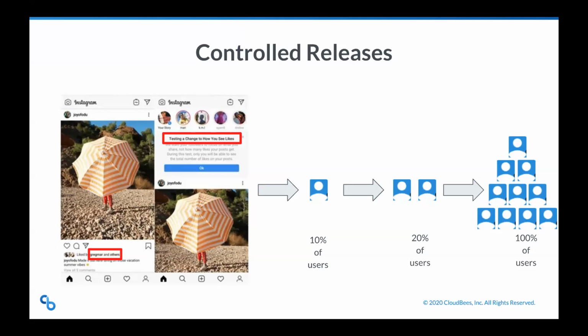And then what they would do is, based on the data analytics that ensued, they slowly rolled out and scaled up the number of users in each country that were exposed to this "and others" test. And now I believe all Instagram users see "and others", and the number of likes is no longer publicly available.